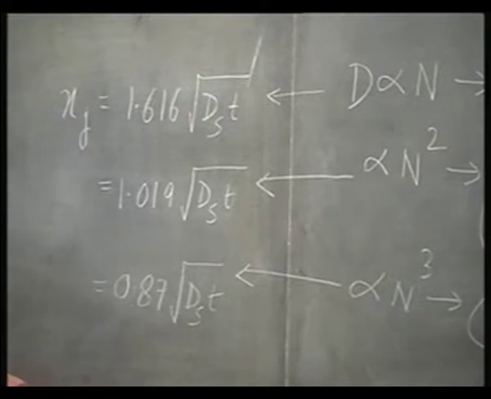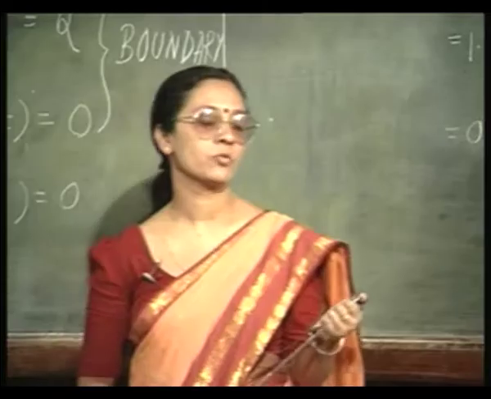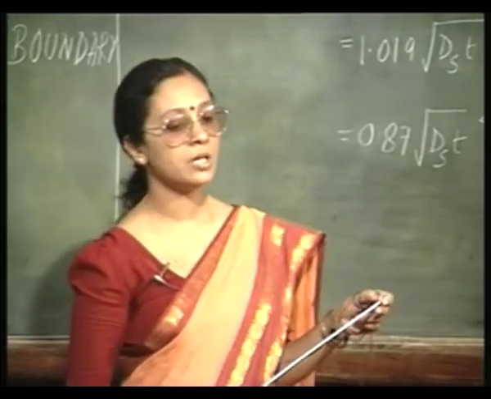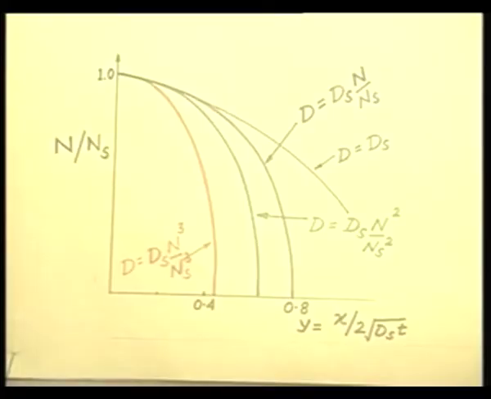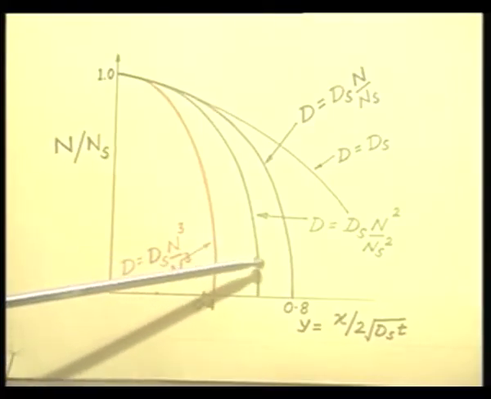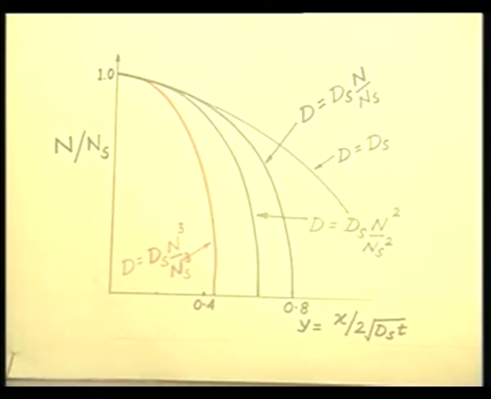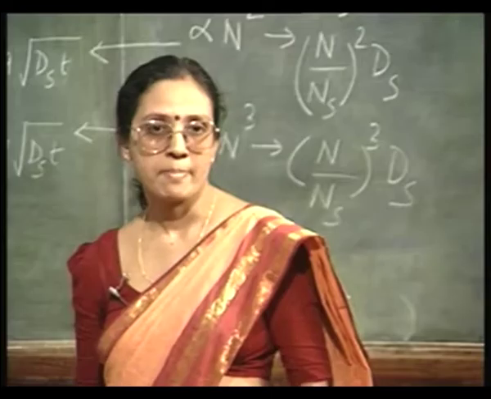That means, as D shows a higher power dependence on the doping concentration, the junction becomes shallower, and of course the profile also becomes steeper, as can be seen from the chart. The profiles have progressively become steeper as D shows a higher power dependence on the doping concentration.